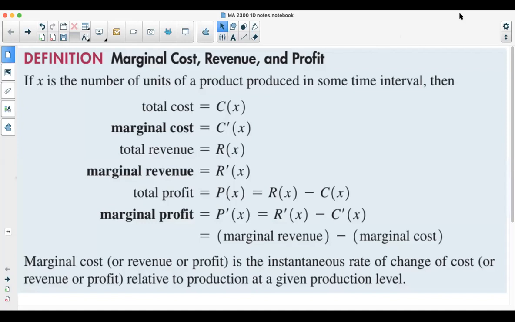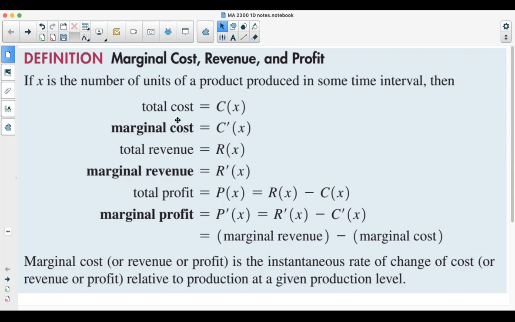If X is the number of units of the product produced in some time interval, and let us say total cost is this, then the derivative of that is marginal cost.